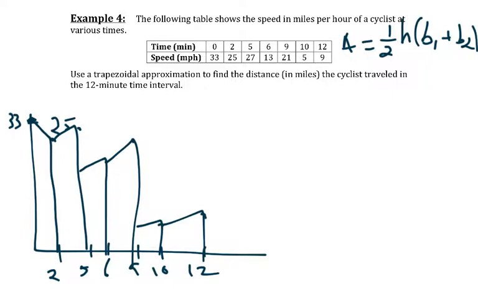We're going to end up with 1, 2, 3, 4, 5, 6 trapezoids. The only difference for this one is that with the table, we notice the height of each trapezoid is different. They're not the same. So let's practice using the table and thinking in terms of the height and in terms of base 1 and base 2.